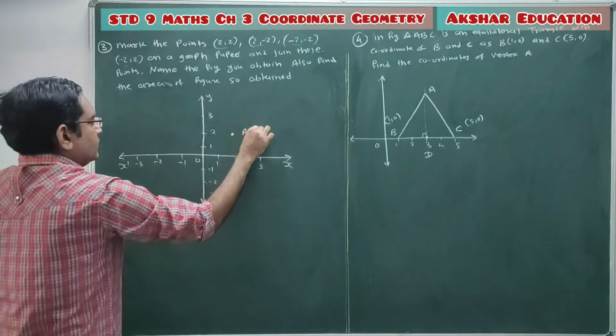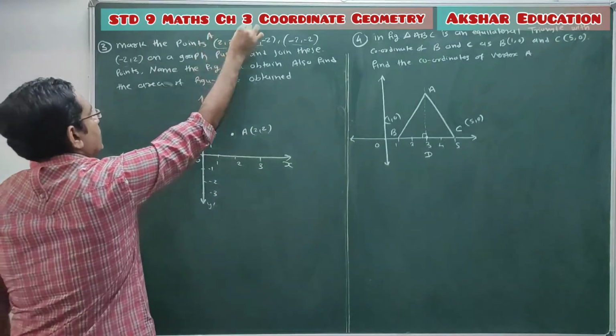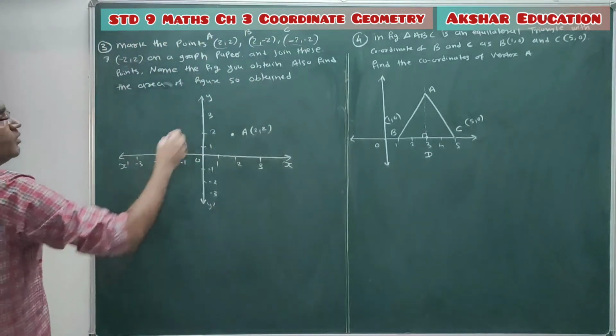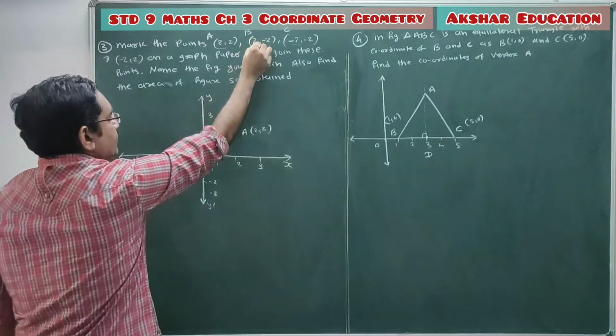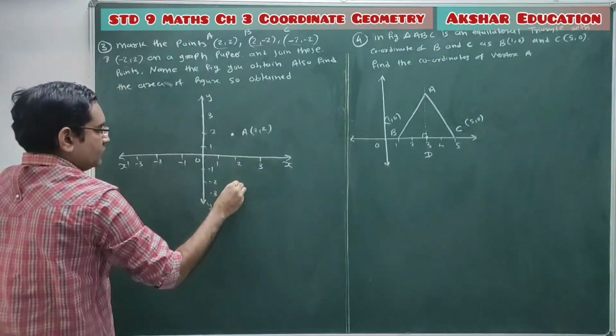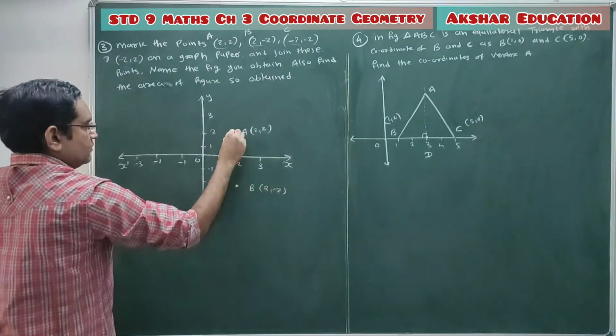Suppose this is point A, (2, 2), this is point B, this is point C, and this is our point D. Now coordinates of point B: x is 2, then y is minus 2. So 2 to minus 2, this is our point B, (2, minus 2).